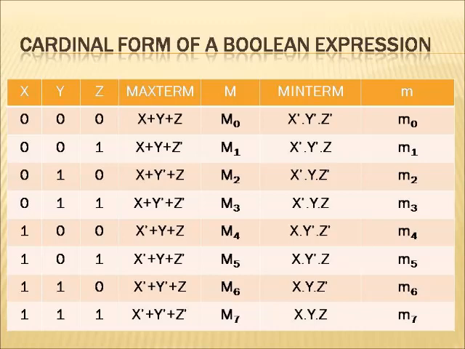Similarly for the minterm, you can see that I am using a lowercase m0 for representing the minterm. So there is a relation: when we say 0, 0, 0, it is the binary representation of 0. So uppercase M0 means it is a maxterm. Lowercase m0 means it is a minterm, right? So you can see the notations I am using with the uppercase and lowercase m's.